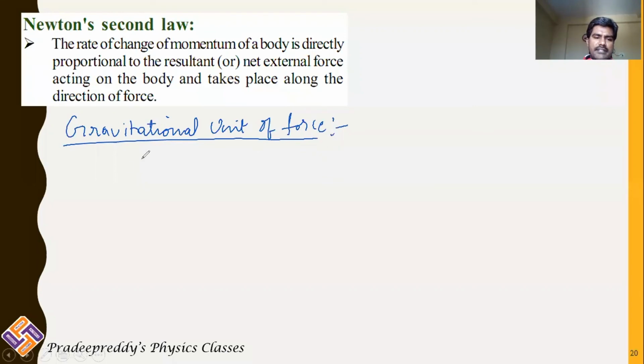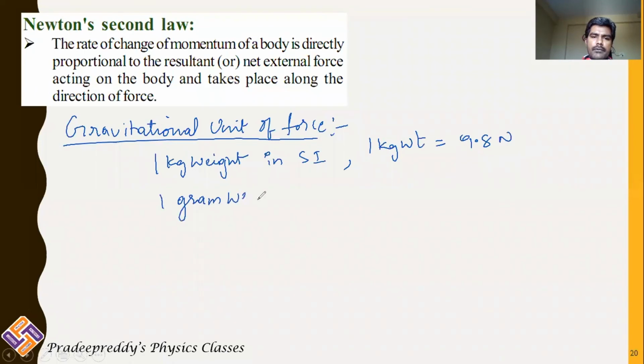The gravitational unit of force is taken as 1 kg weight. 1 kg weight in the SI system is equal to 9.8 Newton, and 1 gram weight in the CGS system is equal to 980 dyne.